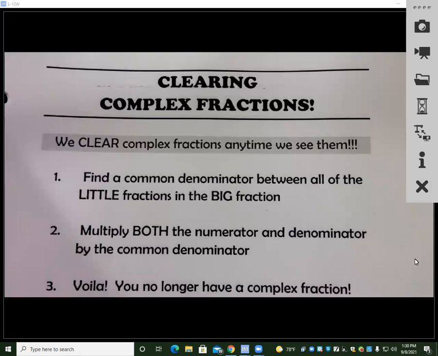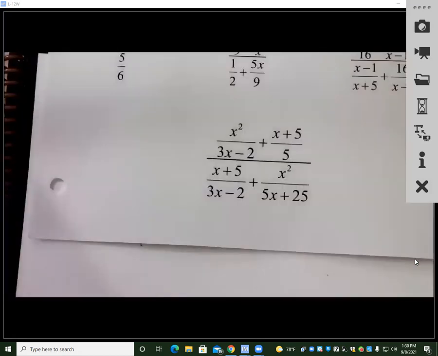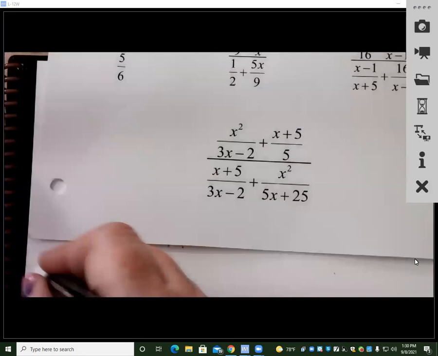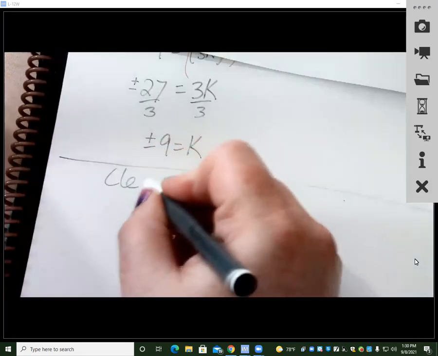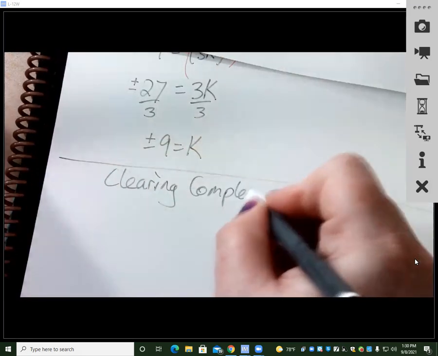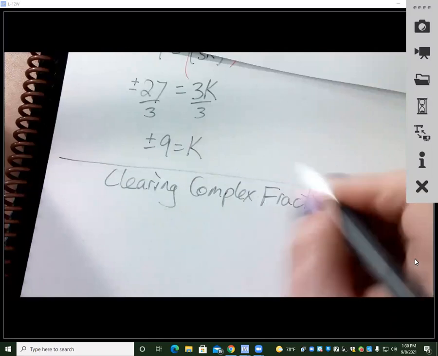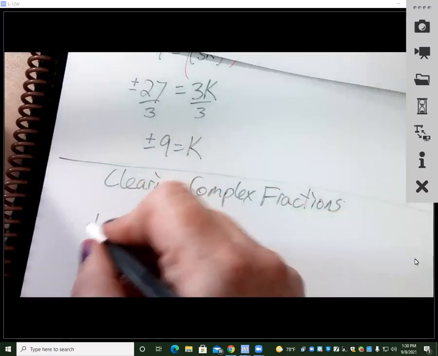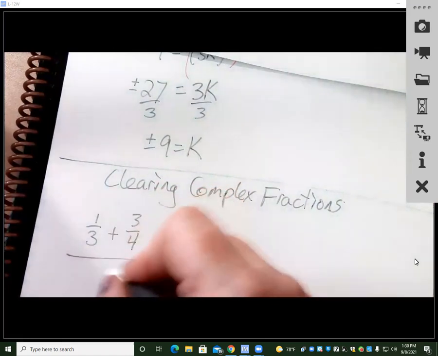So let's see how easy this can turn out. I'm going to do it in the notebook so it'll be nice and clear in the notes. So, clearing complex fractions. Okay, so the first example is 1/3 plus 3/4 all over 5/6.